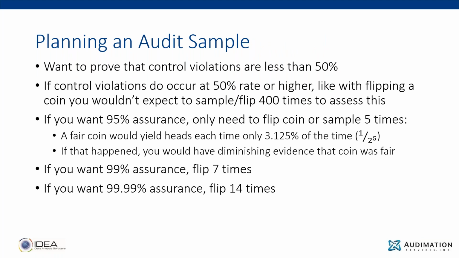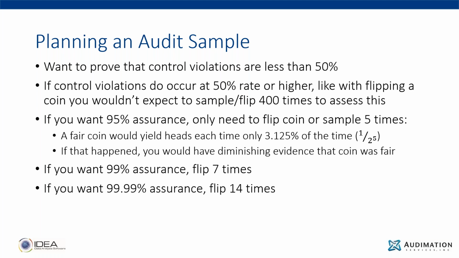But let's say instead of actually finding a representative sample, we want to find a sample that will allow us to prove that control violations are less than 50% if they truly are. If the control violations did occur at, say, 50% half the time or higher, like with flipping a coin, you really wouldn't expect to have to sample or flip the coin 400 times to assess whether it really produces control violations at a 50% rate. Let's say heads is a normal non-violation and tails is a control violation.